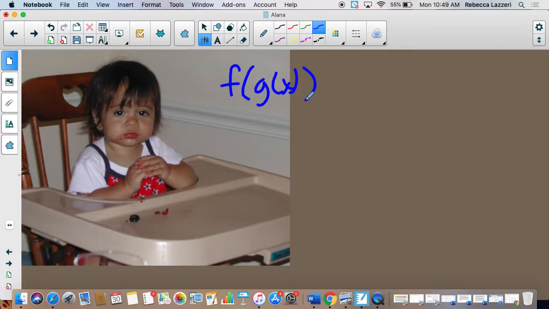You're intuitive enough to know that there must be something that helps you deal with the inside and the outside. If I have sine squared x, there's a couple of things going on. If I have 2x plus 1 quantity squared, there's something going on. There's something in the inside that's doing a vertical stretch, and then on the outside it's squared. And I gotta compensate, I gotta figure out both of those things.